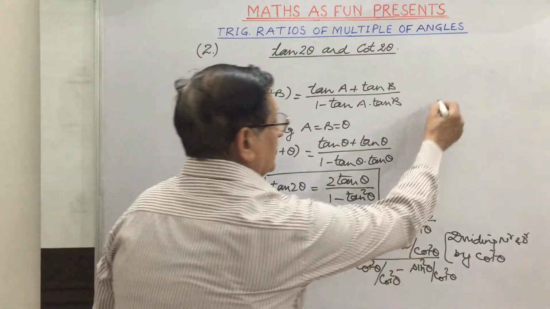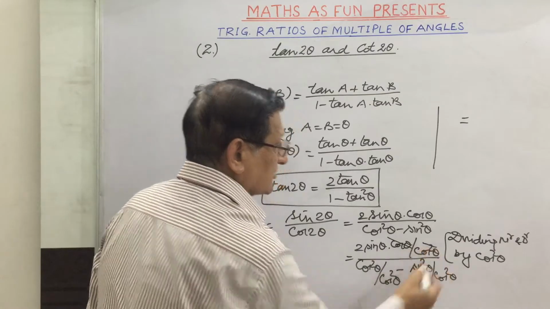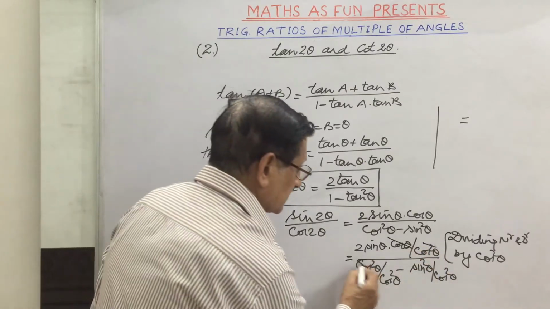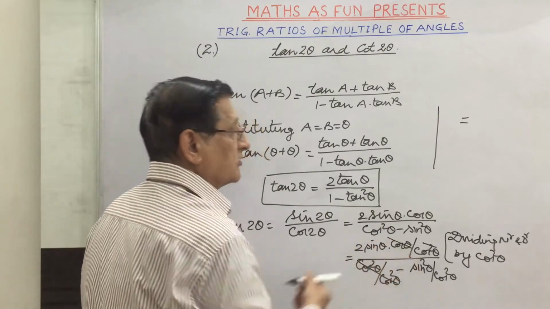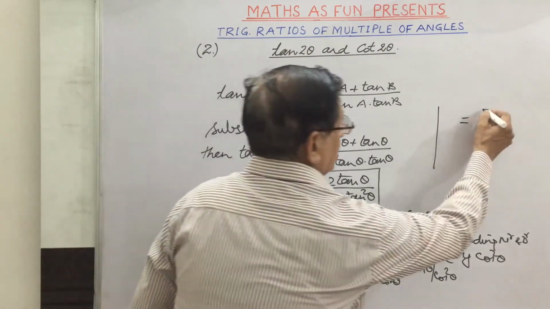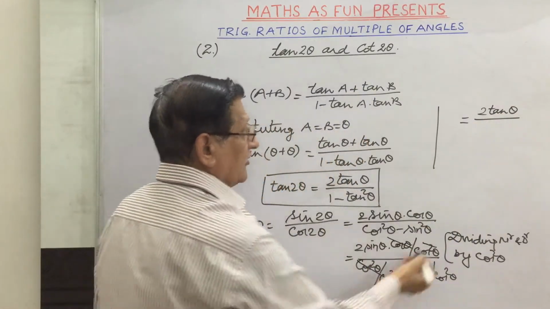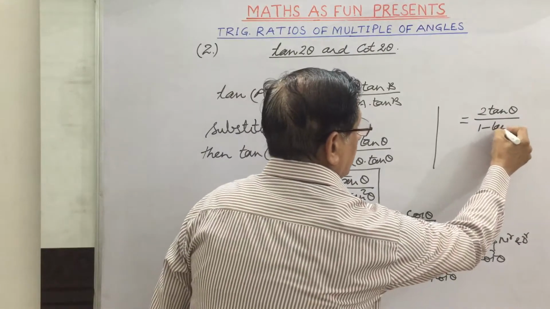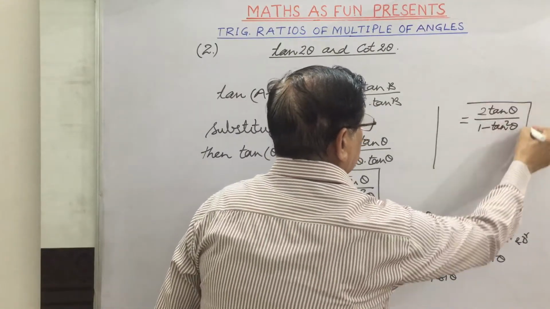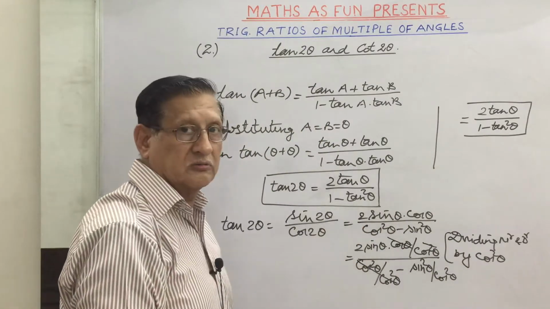If we simplify this, we are finding here that cos square theta cancels, and we are left with 2 sine theta upon cos theta, which is 2 tan theta. In the denominator we have 1 minus sine square theta upon cos square theta, which is tan square theta. So the same formula we are obtaining by this particular method also.